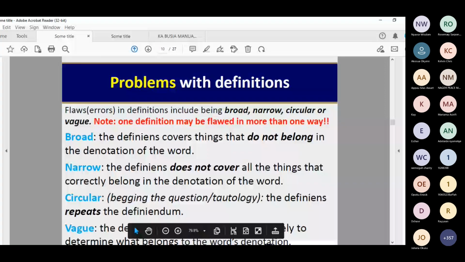Remember, the denotation are the examples of it. So you have defined in a certain way that has brought in certain members of the set which are not legitimate members. They don't belong there. You have brought them in.